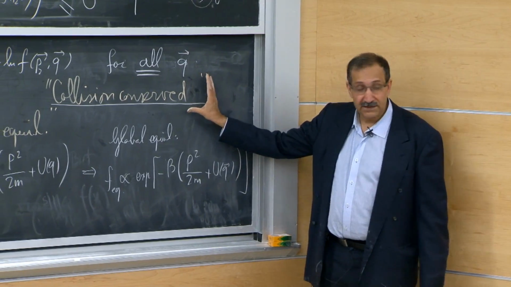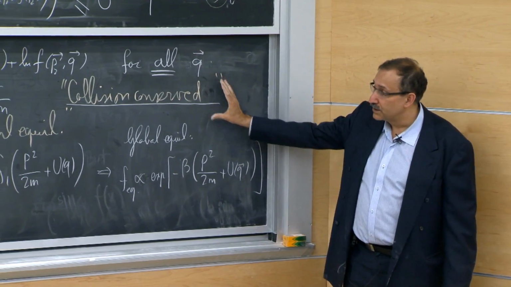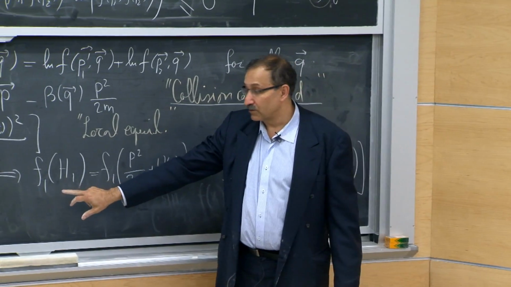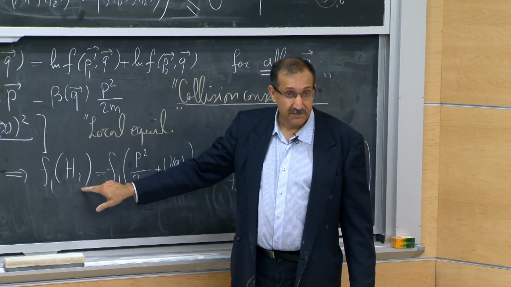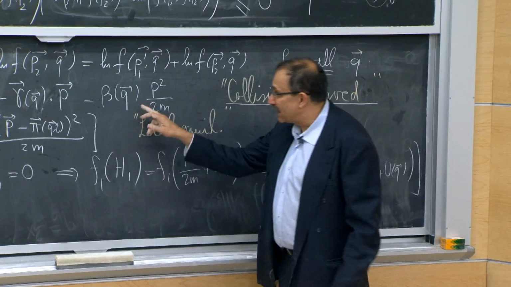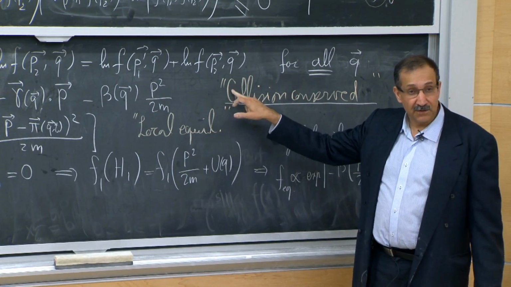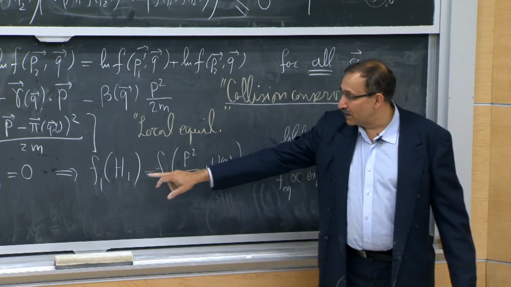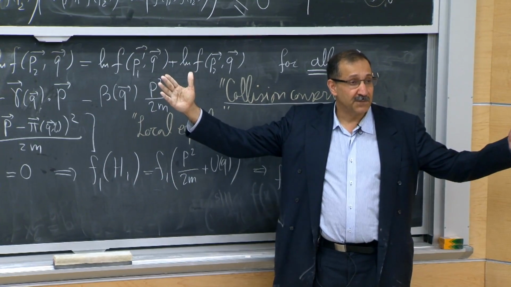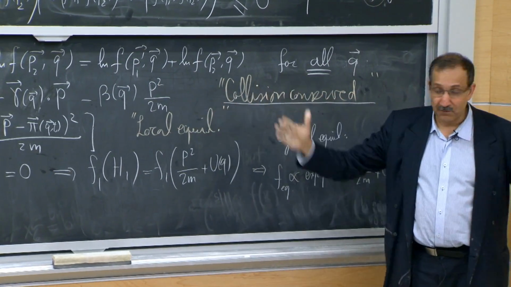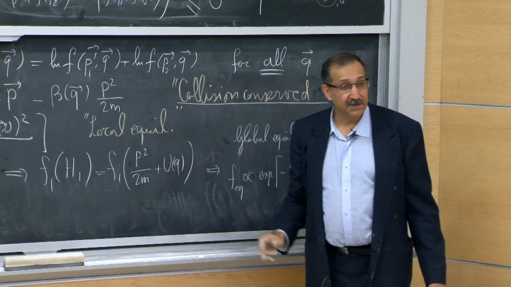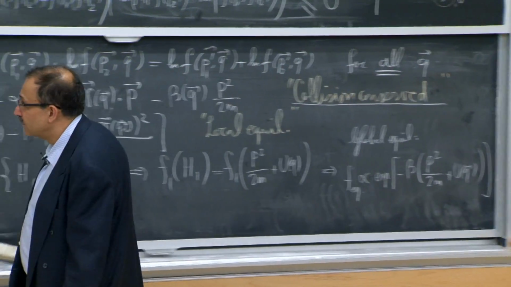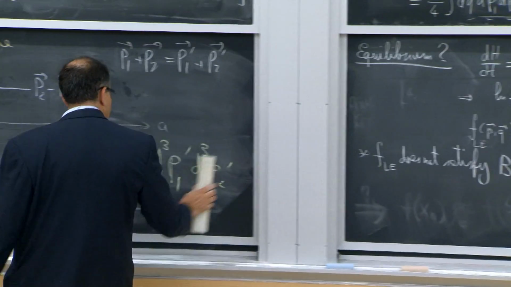And again, these are quantities that are conserved in collision as opposed to quantities that are conserved according to H1. Right? Okay, so like momentum is conserved in the collision. Clearly, momentum was not conserved in H1 because of the size of the box and did not appear in the eventual solution. OK, let's see what we need.